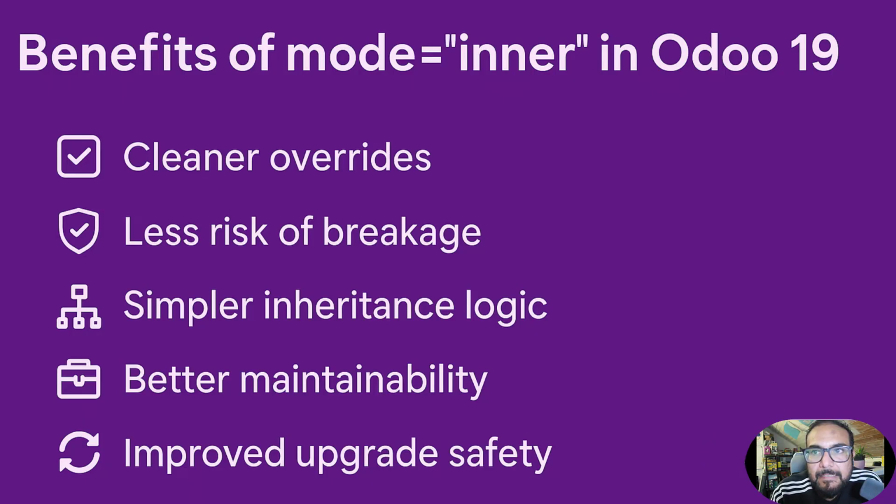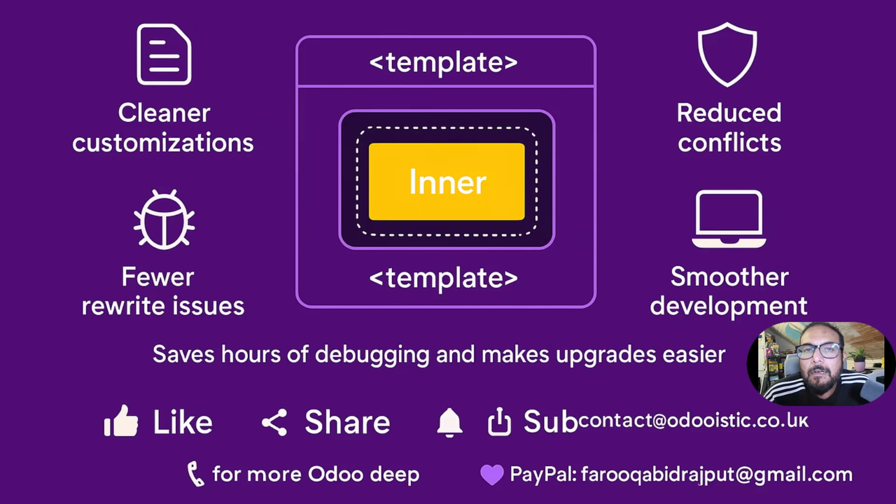Avoid conflicts when base templates change in future versions. Simpler inheritance logic, so no need for deep XPath hacks or reconstructing the parent structure. Better maintainability, with overrides that are clear and modular. Improved upgrade safety, making it easier to adopt when base templates evolve.